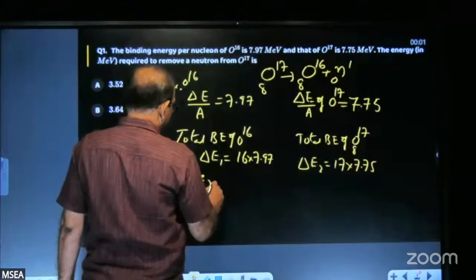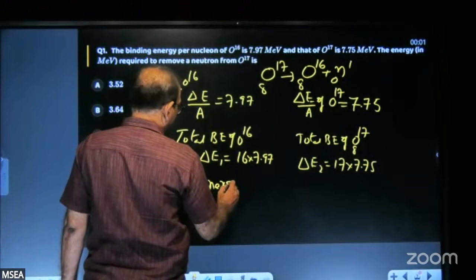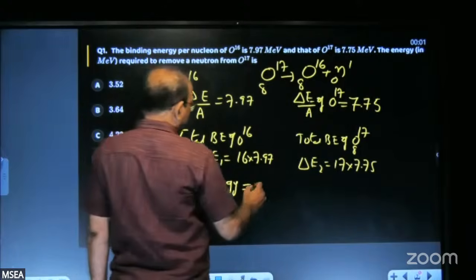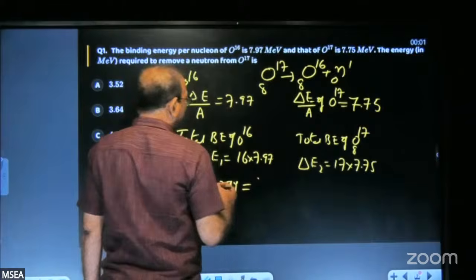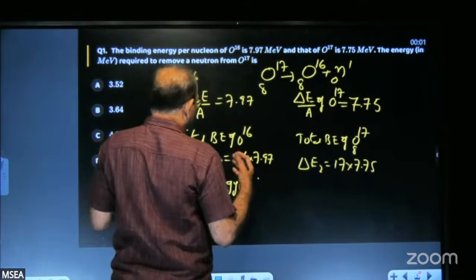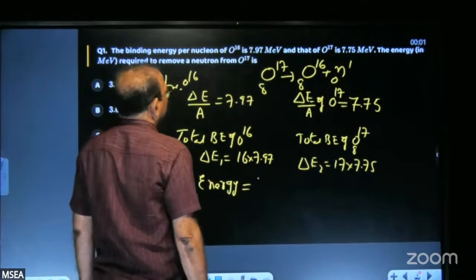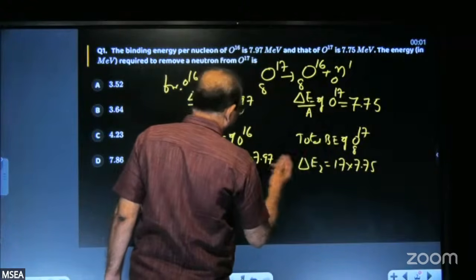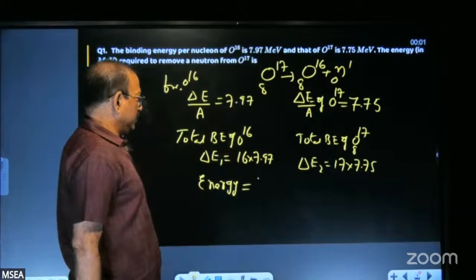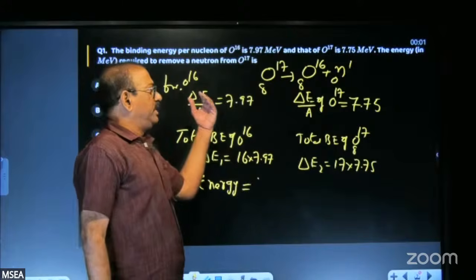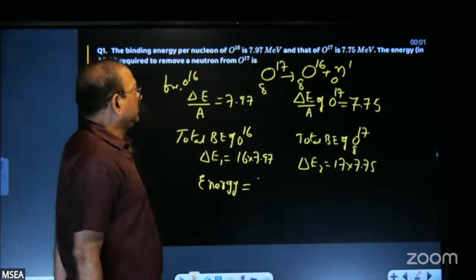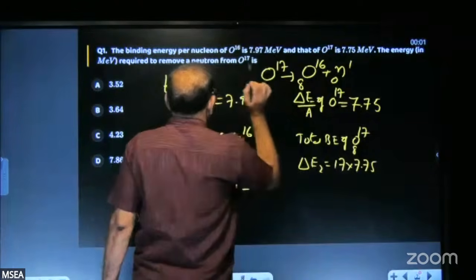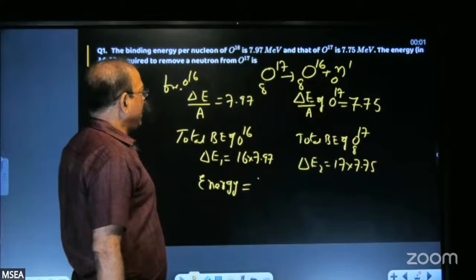Energy required in the reaction is the total binding energy difference. Find the difference of these two total binding energies. Total binding energy of product, total binding energy of reactant.